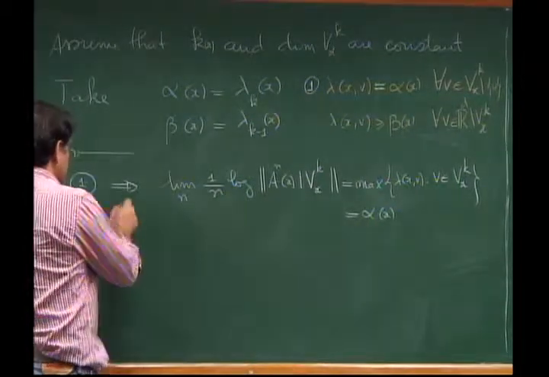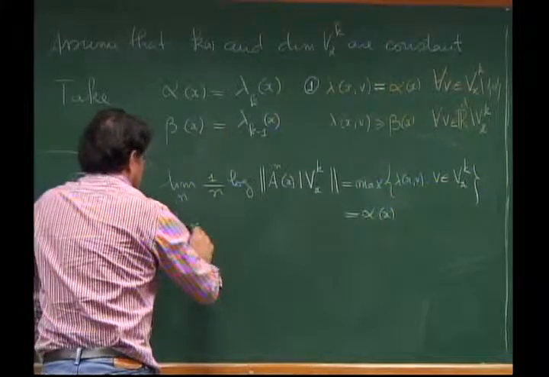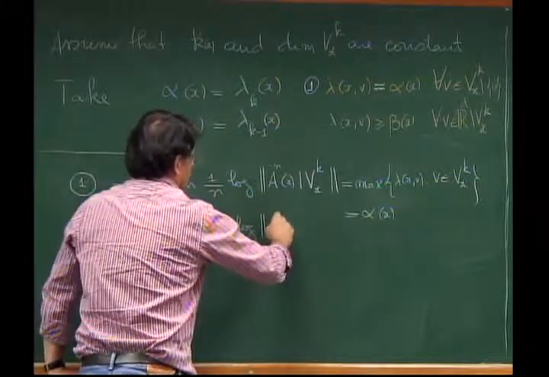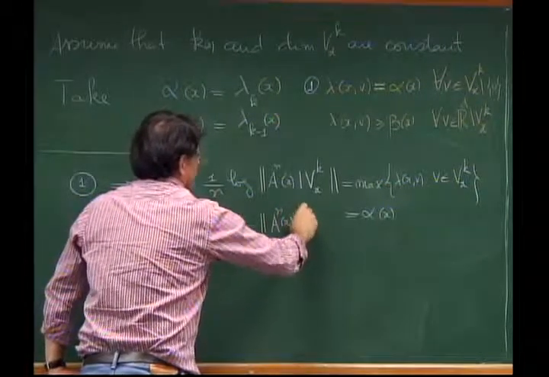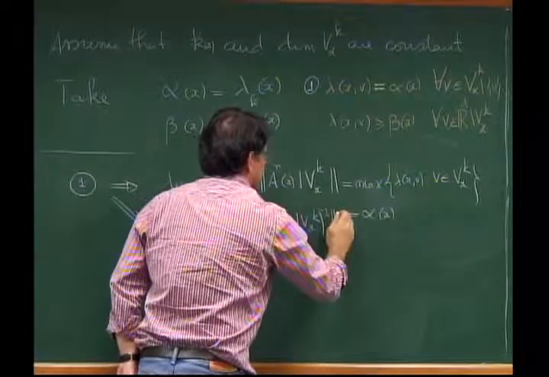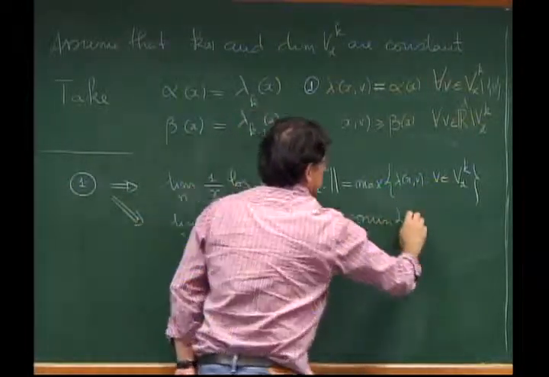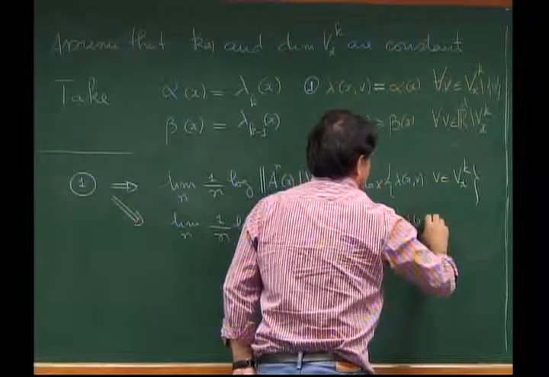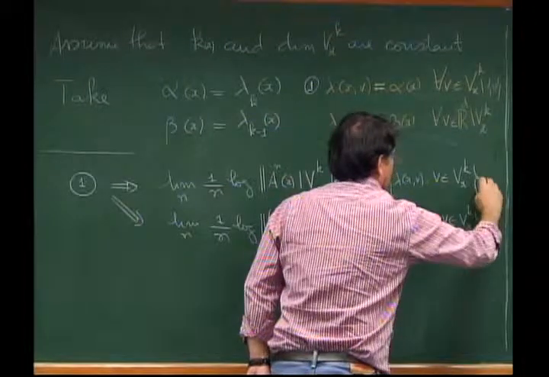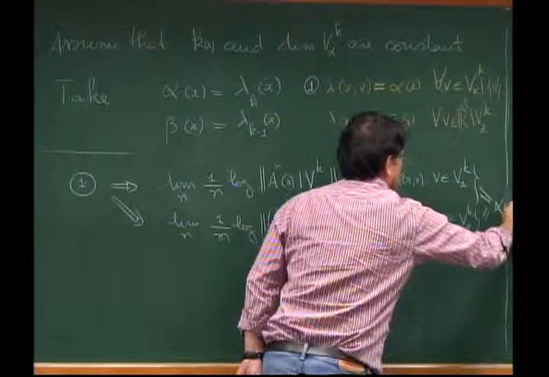The same property implies that the limit of 1 over n log of the conorm of A^n(x) restricted to V_x^k is the minimum of this expression, and both the maximum and the minimum are equal to alpha(x).